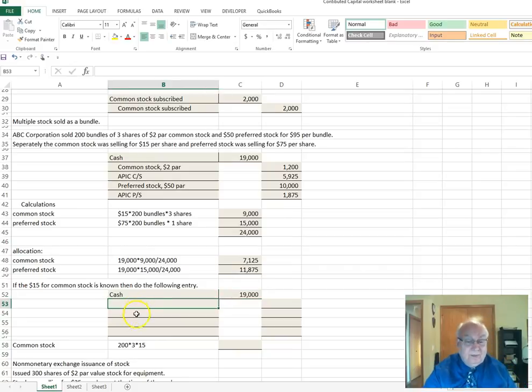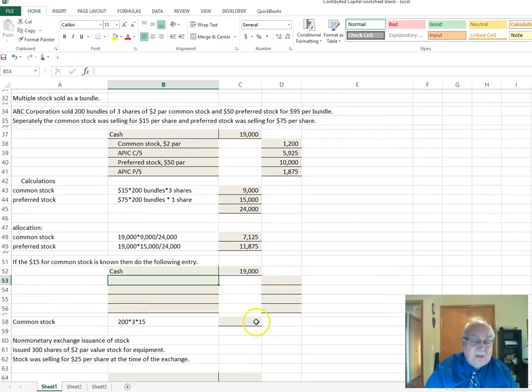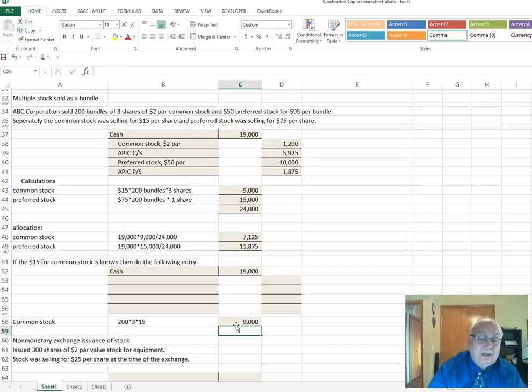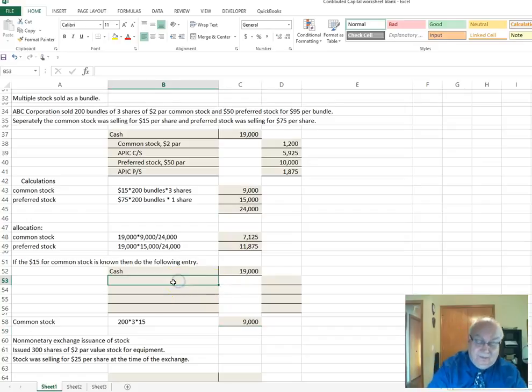That doesn't change. Down here, for common stock, this is the only one we know of, so we'd have the 200 times the 3 shares times the $15. So 9,000 of that will be contributed to common stock because we don't know the value of the preferred stock.